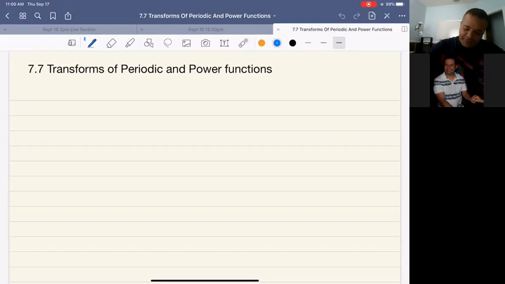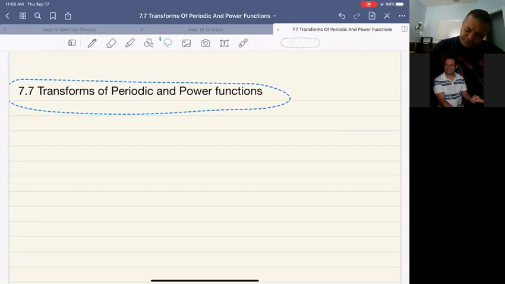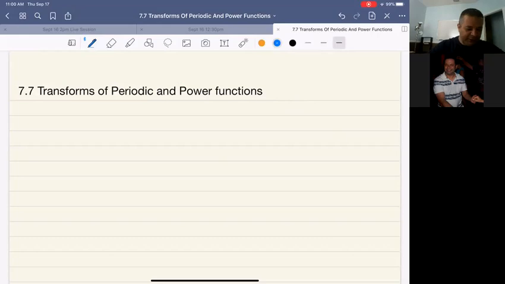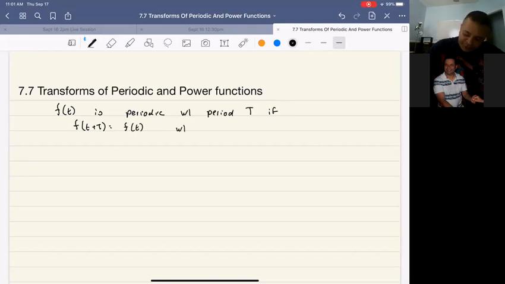So f of t is periodic with period T if f of t plus T equals f of t, with some capital T greater than 0.